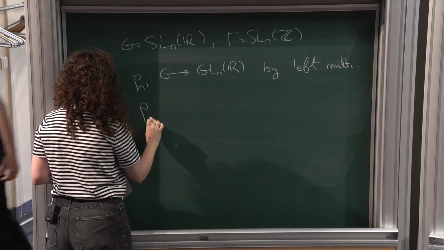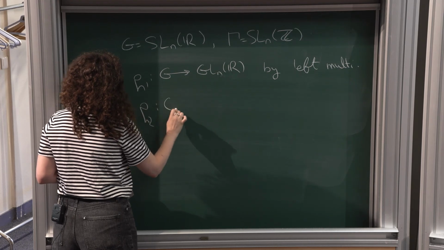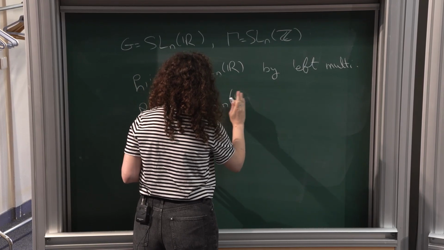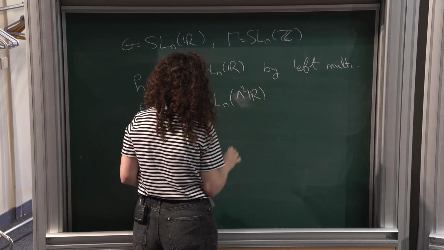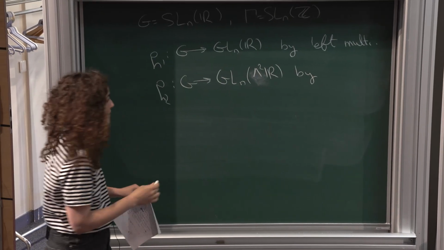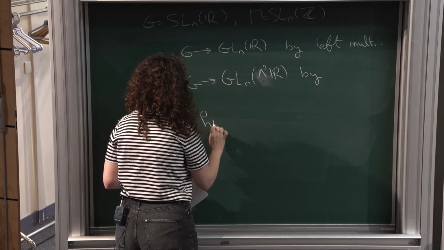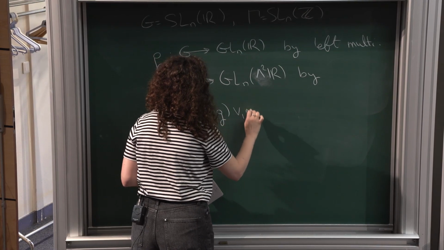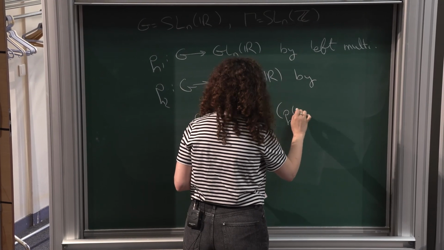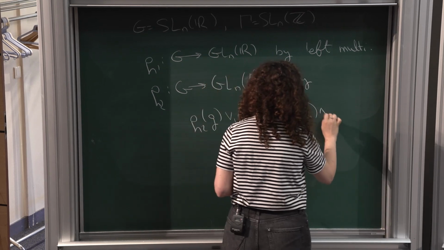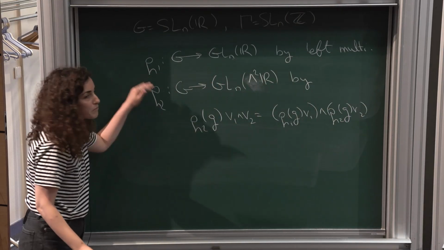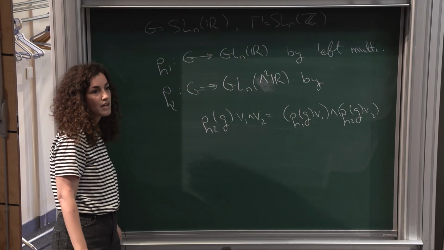And ρ2 is the wedge product of left multiplication. So if you have ρ2 of G applied to v1 wedge v2, you're going to get ρ1 of G v1 wedge ρ1 of G v2. And you can keep taking these wedge products.